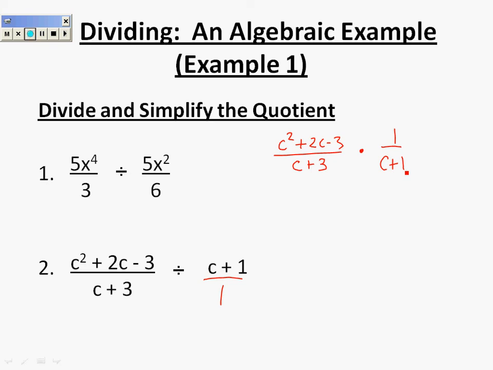Now we've already established that we can't factor this one, and 1 doesn't factor either. We just need to break down this using our method for factoring trinomials. And we get (c plus 3)(c minus 1).